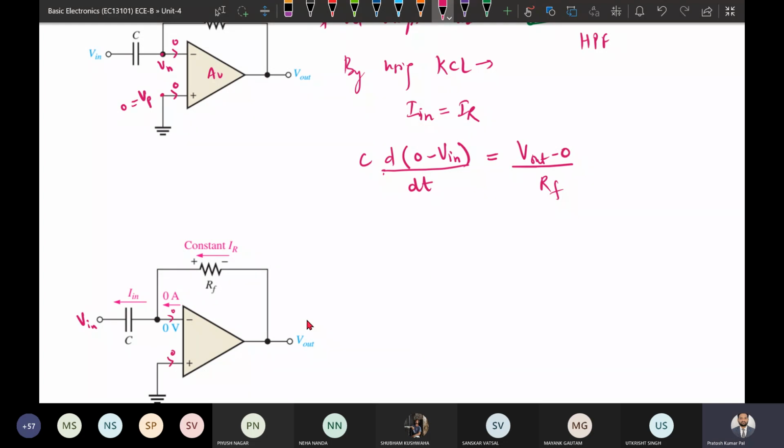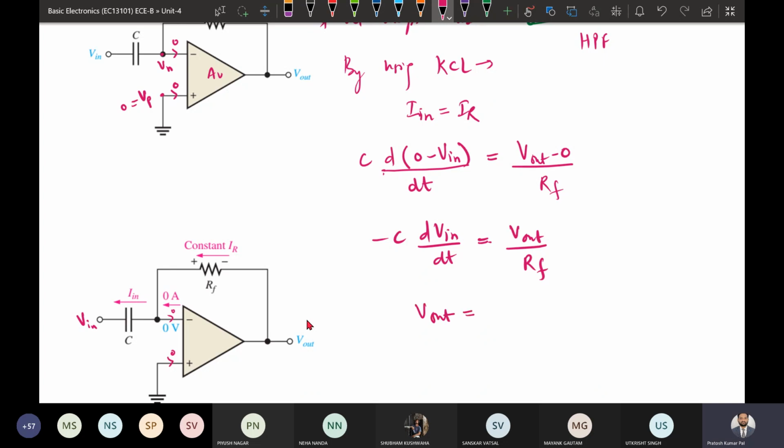Next we will just be solving. It will be minus C dV in divided by dt is equal to V out by RF, or we need to find out the V out.